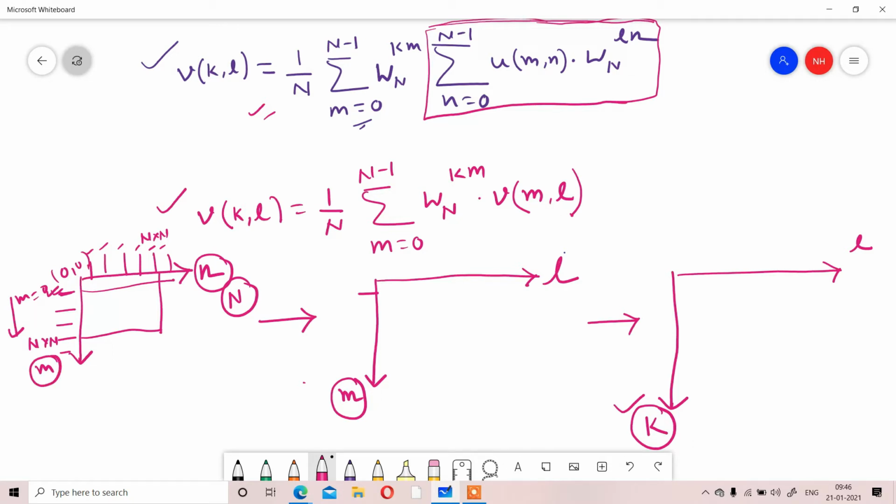So how many computations will happen here? N square number of computations. So initially I told you that in the expression you have N square computations in spite of N to the power 4 computations. So why is it N square? It is clear, na? Why you are getting N square number of computations?